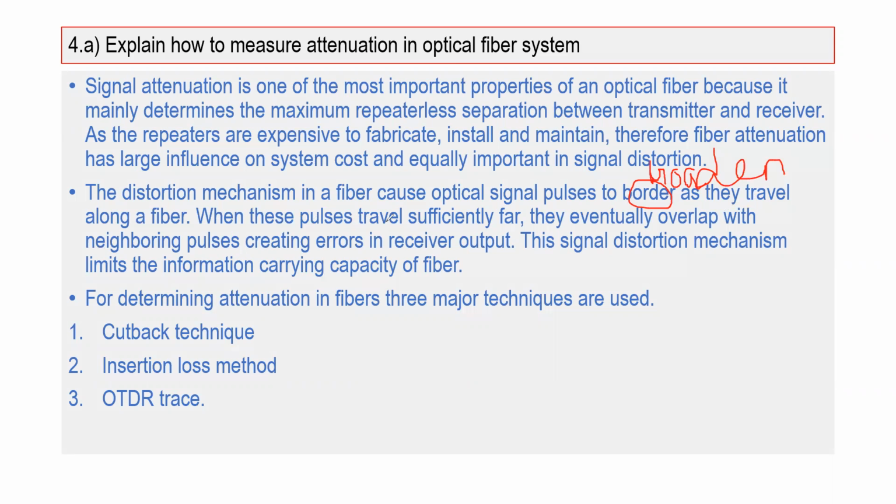Okay, this is not border, this is broaden. When the pulses travel sufficiently far, they eventually overlap with neighboring pulses, creating errors in the receiver output. Initially the signal that we expect is of this nature. Now, as they travel farther and farther, these signals broaden and overlap with each other.